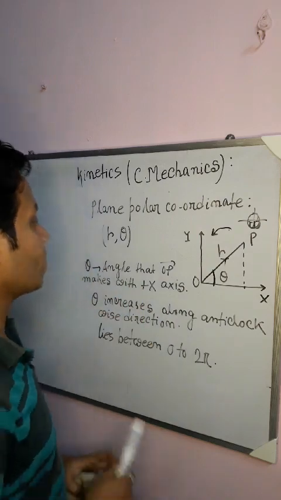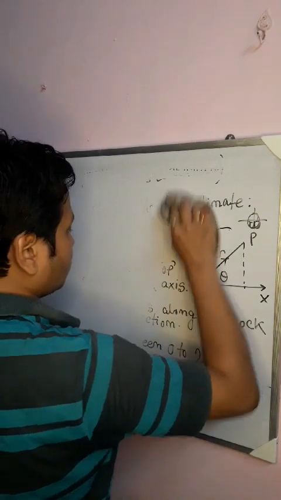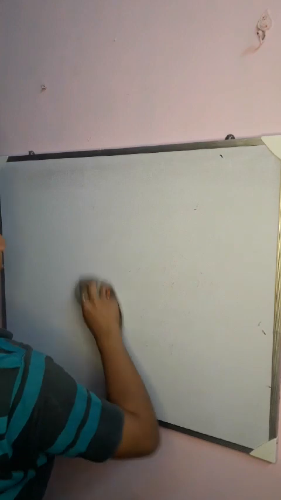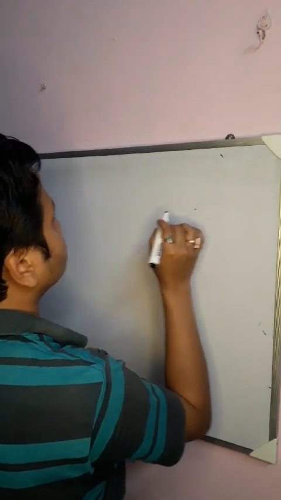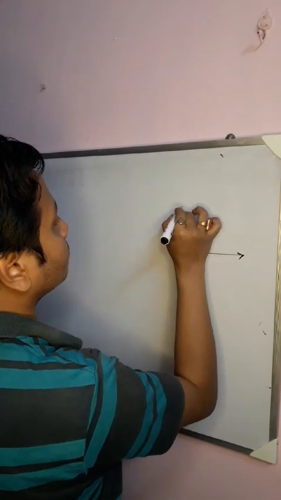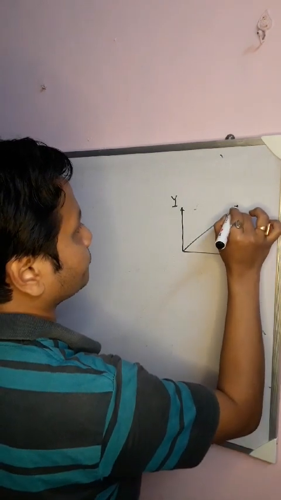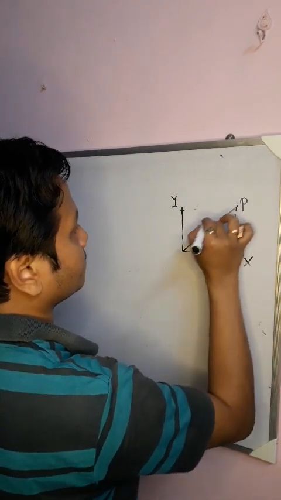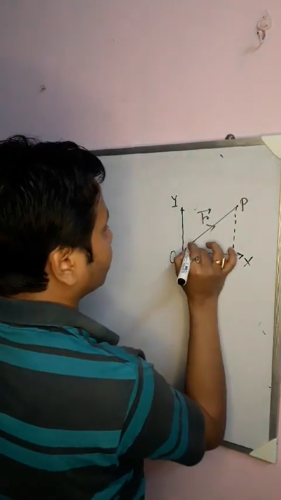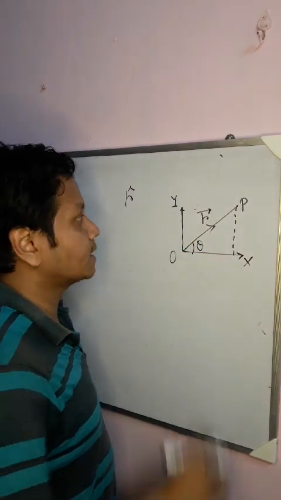So let us check that. What are the corresponding unit vectors in the plane polar coordinate system? This is y, this is x, this is P, and this is the position vector r. Here we can introduce a new vector, r cap, a unit vector in the direction of increasing r.